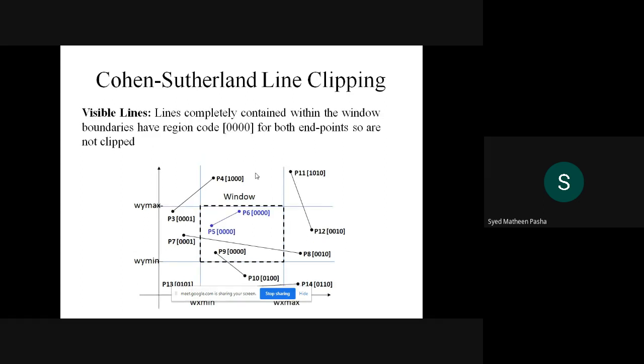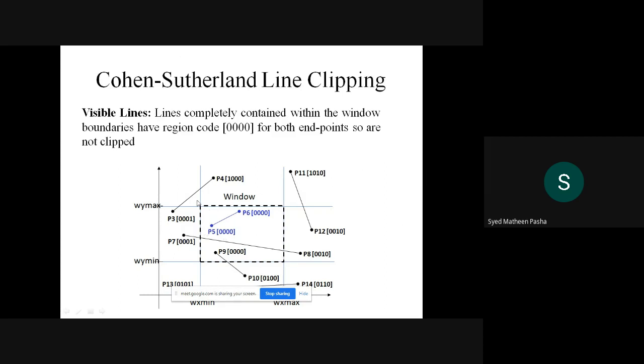We'll check what happens with visible lines, invisible lines, as well as a third condition. What are visible lines? Lines completely contained within the window boundaries have region code 0000 for both endpoints and are not clipped. What is the basic definition of visible lines? The lines which are completely inside the particular window, which you want to clip and display onto the output screen.